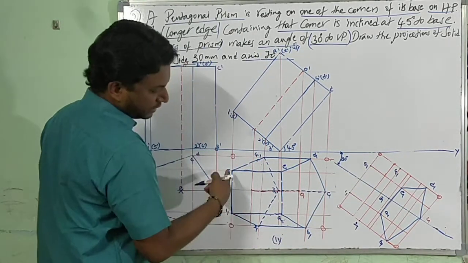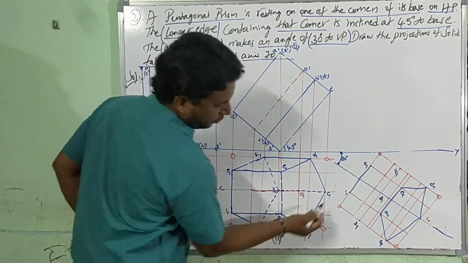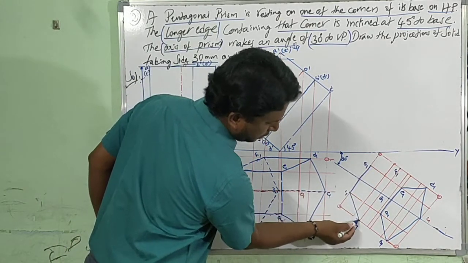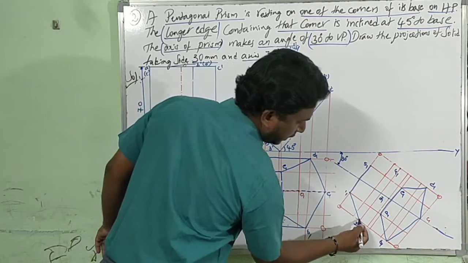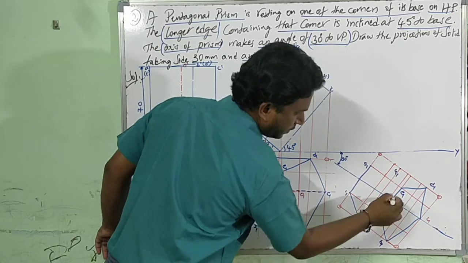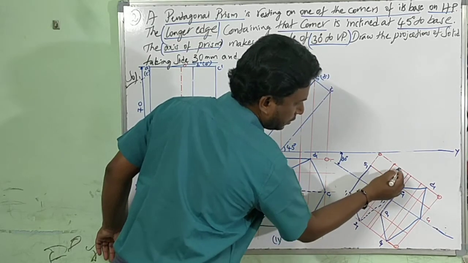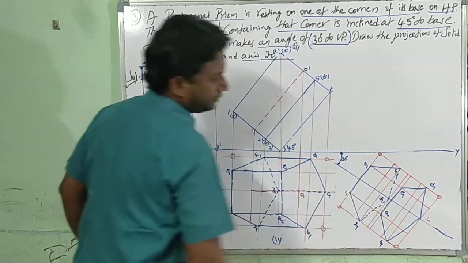Now what thick lines are there? 1, 1, 5, 1. 1, 1, 2, 1, 2, 1, 3, 1, hidden line, 3, 1, 4, 1, hidden line, 4, 1, 5, 1, thick line.